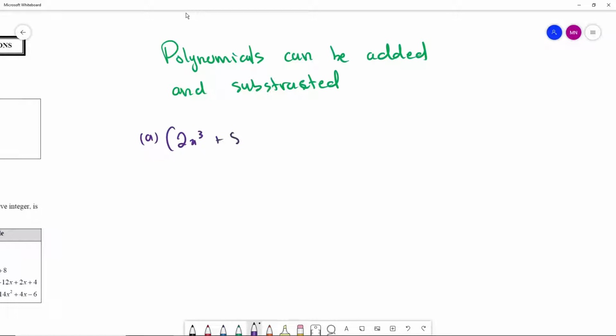2x to the power of 3 plus 5x squared minus 3x plus 1, plus x to the power of 3 minus 2x squared plus 4. In order to do addition for polynomials, only terms of the same degree can be added or subtracted. For example, 2x to the power of 3 can only be added with the same degree, x to the power of 3.